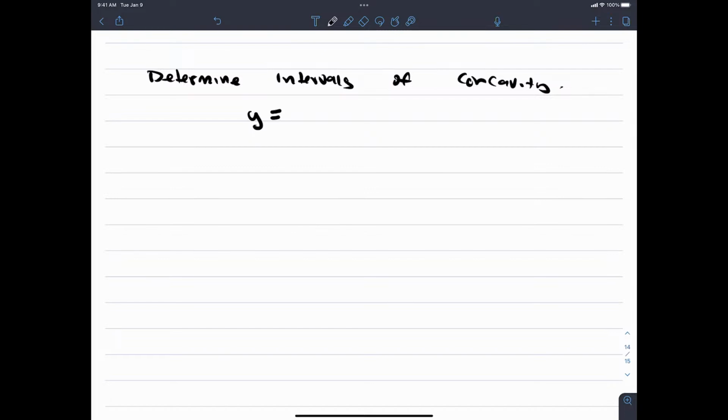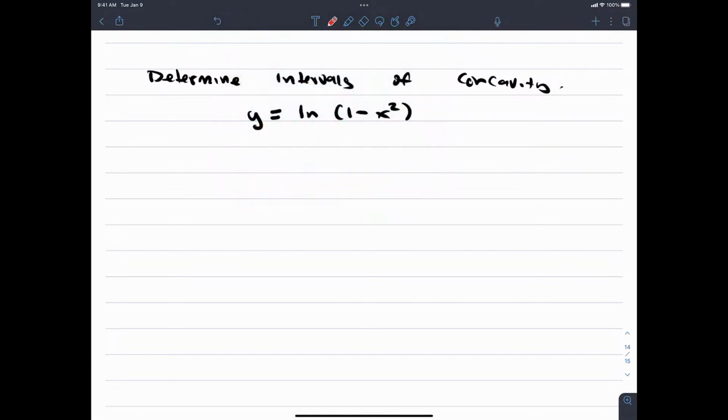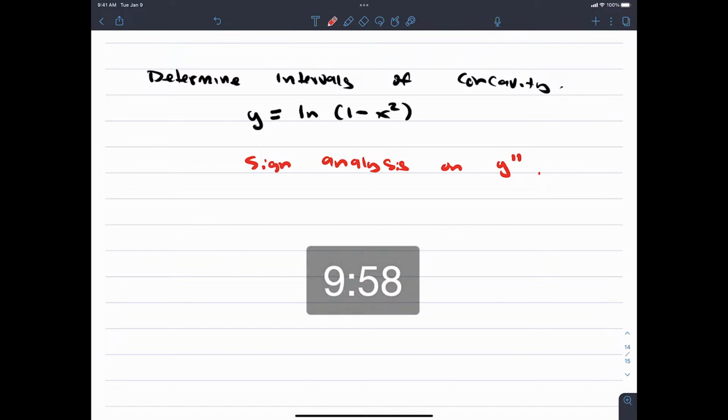You have to be careful what you ask. But anyway. So for intervals of concavity, what do you guys always want to remember? Think of the process. What do you have to do? Sign analysis on what? On your second derivative. So we'll give you guys some time. Let's try this out, see what you guys got.